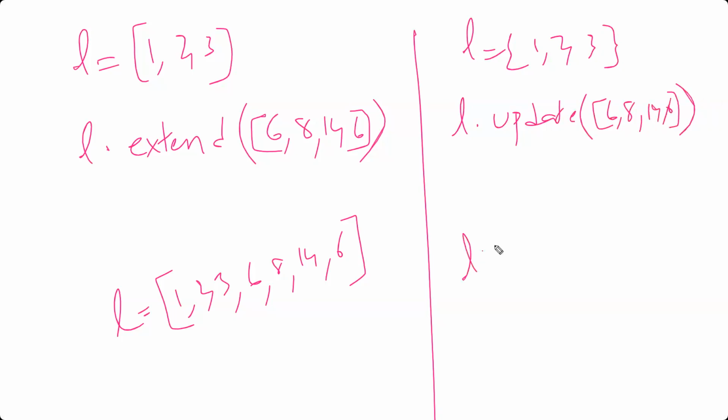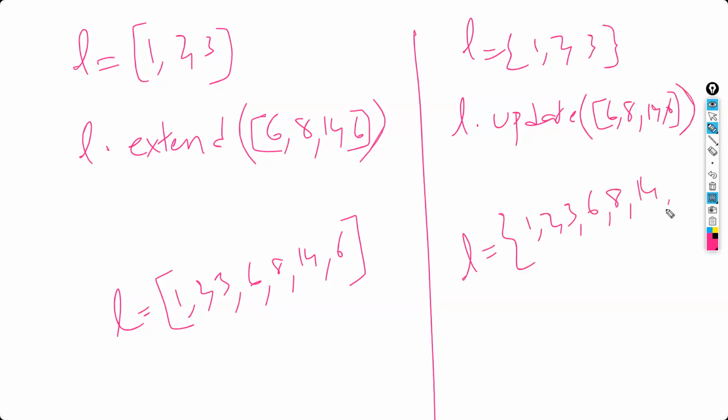And now if I ask for S, it is going to give the set of 1, 2, 3, 6, 8, 14, and the second 6 will not be stored because it removes the duplicates. That is the difference. Sir, for example, this 6 is not there. Remove this 6. Let us first not confuse ourselves. Okay, done.